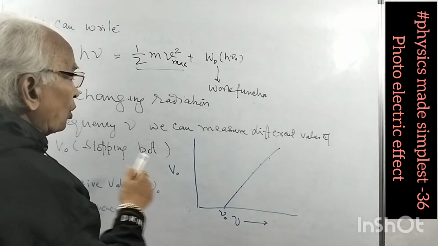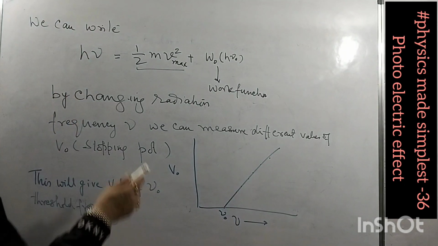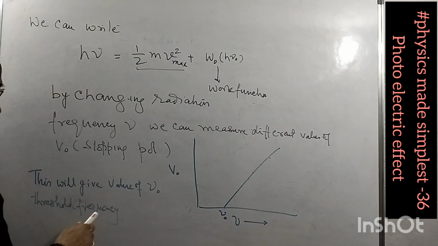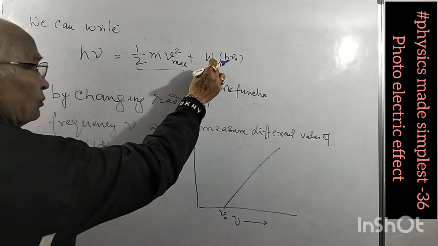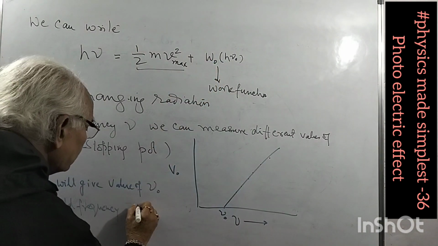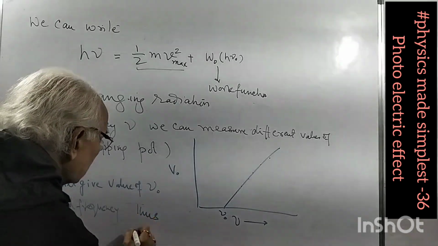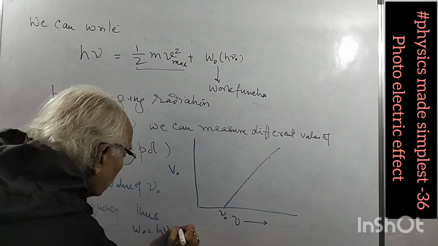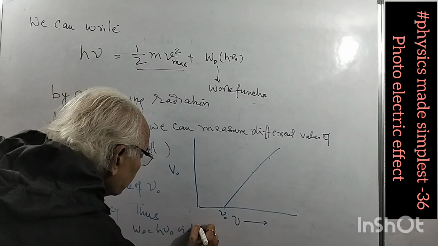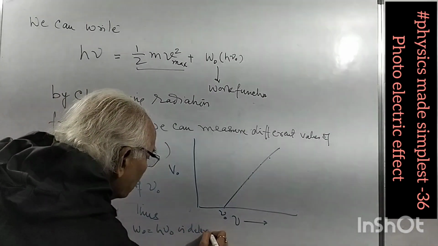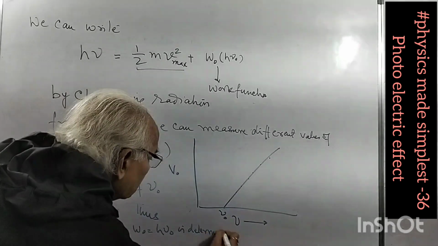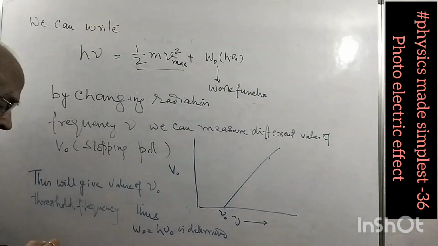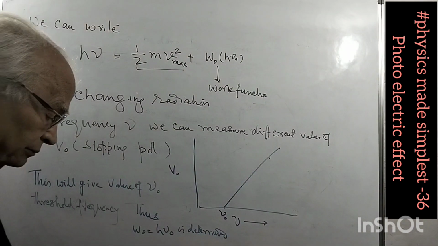So that will give a stopping potential, and this relation can be verified. From nu naught, you can find out W naught equal to h nu naught. The value of W naught for a particular metal plate can be determined.